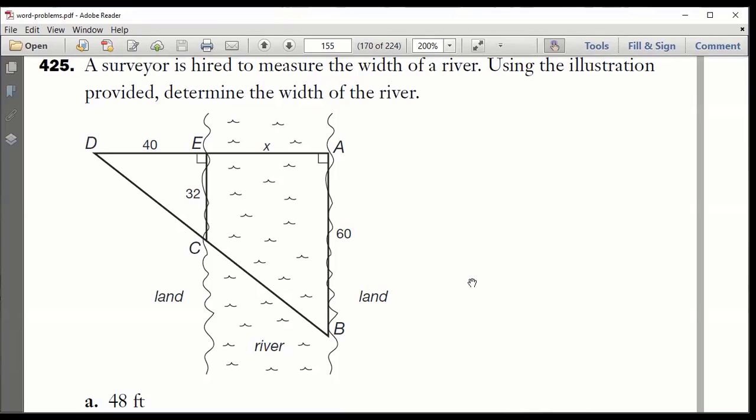The river is E, A, B, C. So width means we have to find out EA. So we can draw an imaginary line from C, and a square and rectangle will be formed. And the area of the rectangle is length into breadth.